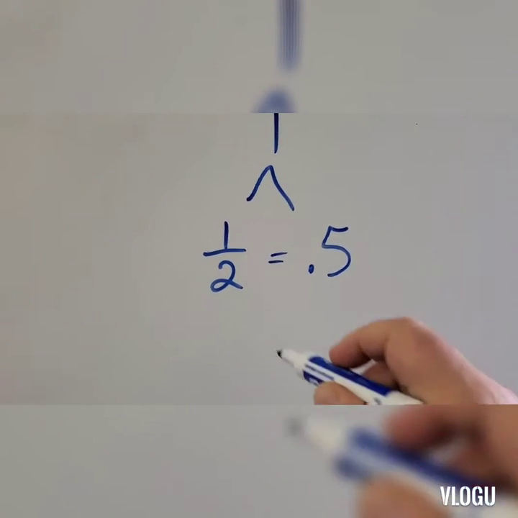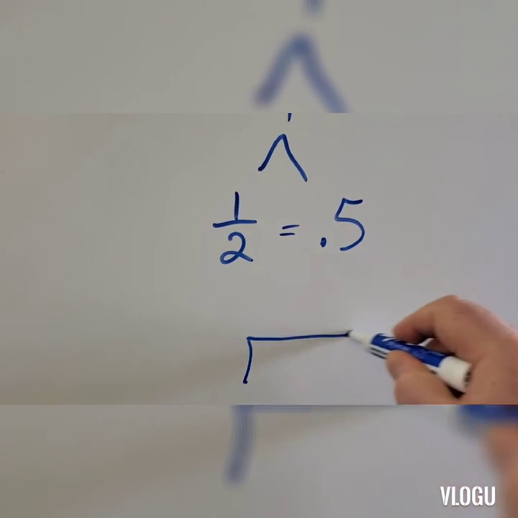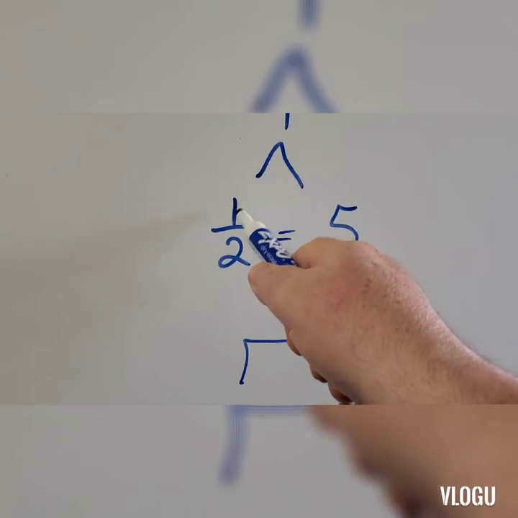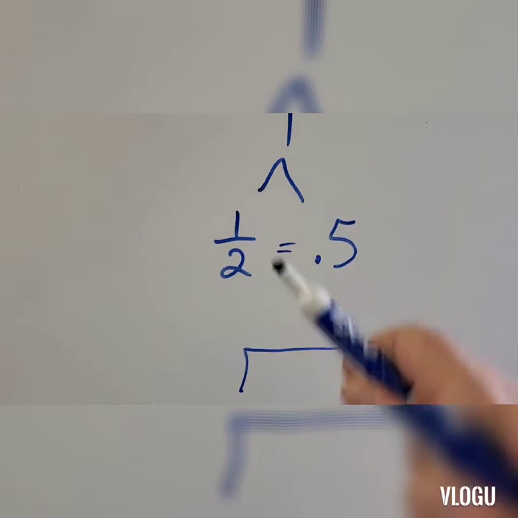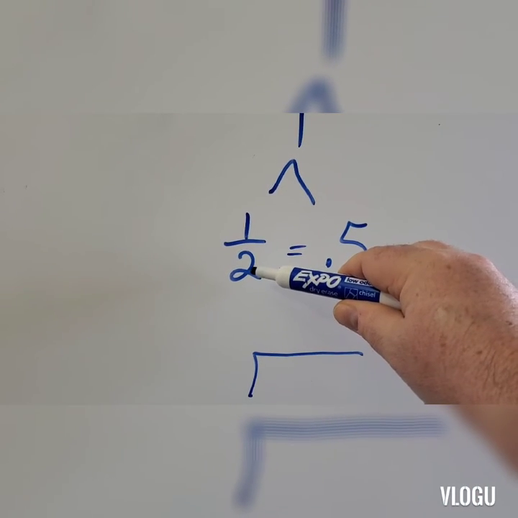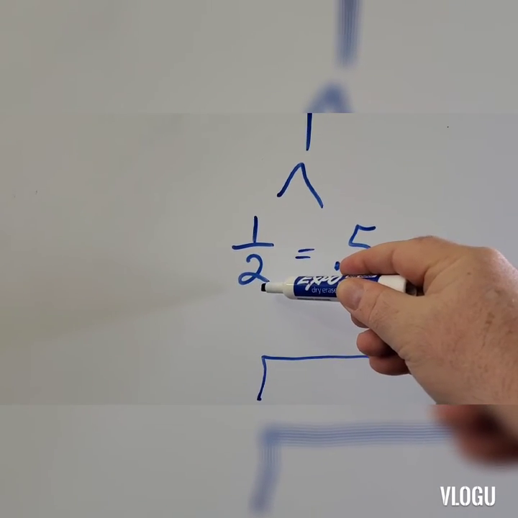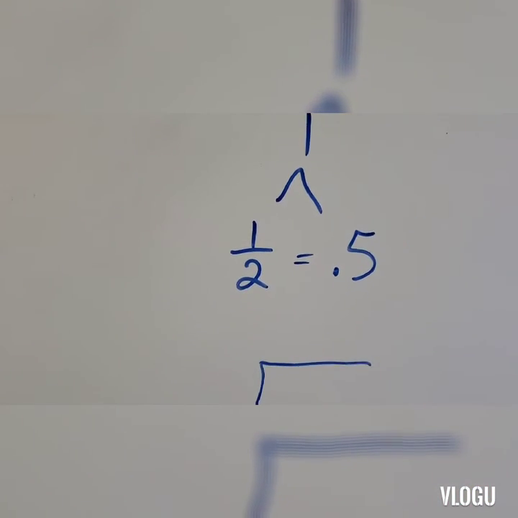Here, we're going to set this fraction up as a division problem. Remember, a fraction is how many pieces do you have and how many pieces make a whole. Here we have 1 out of 2 pieces, so we have half of the amount.